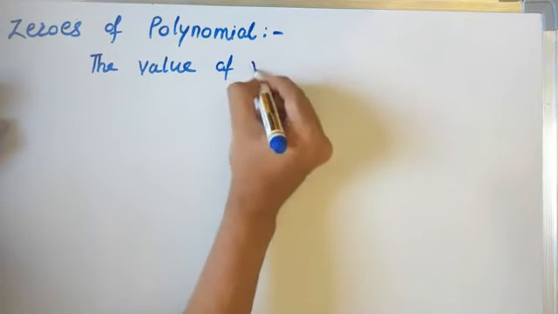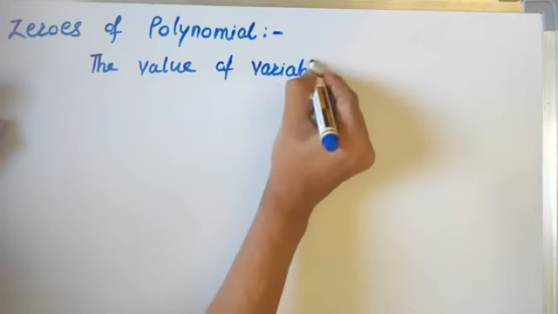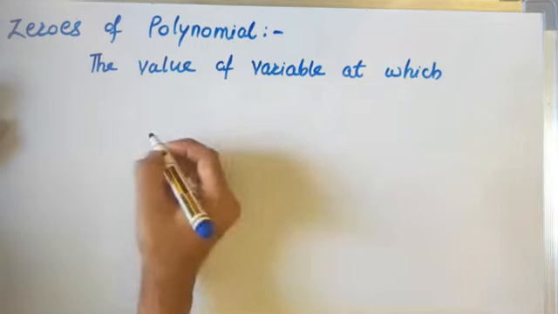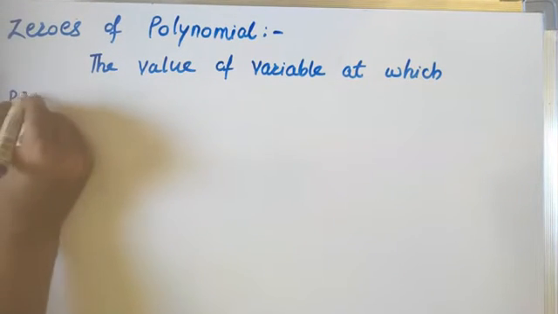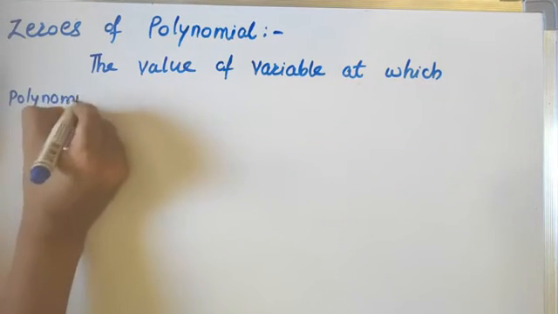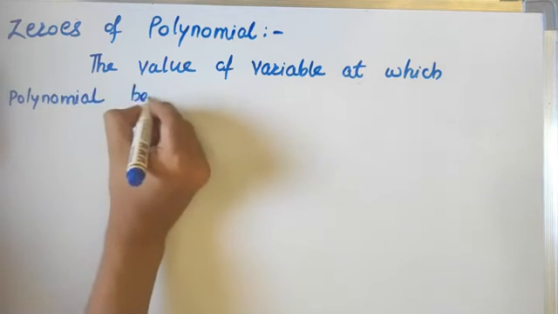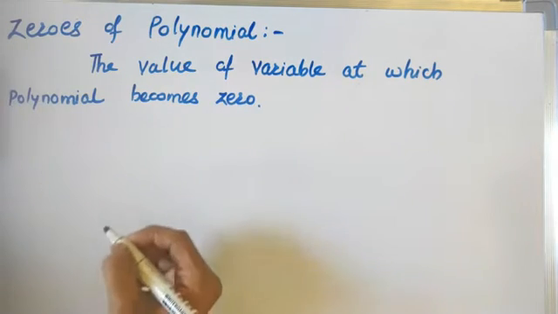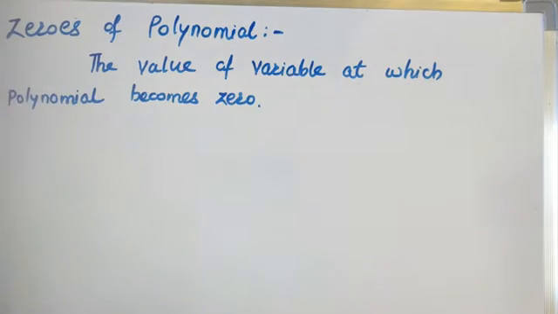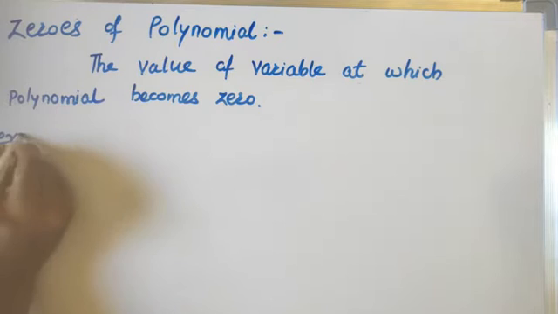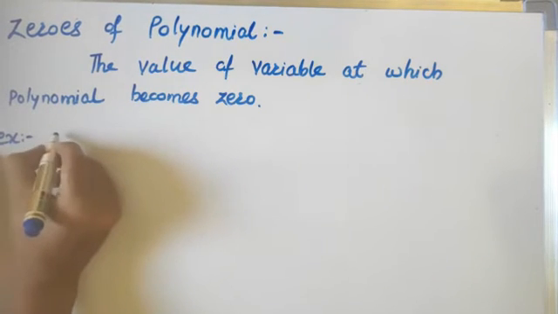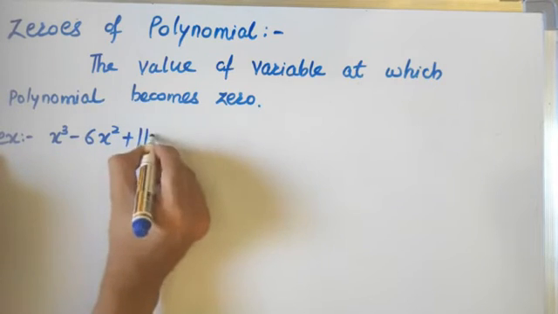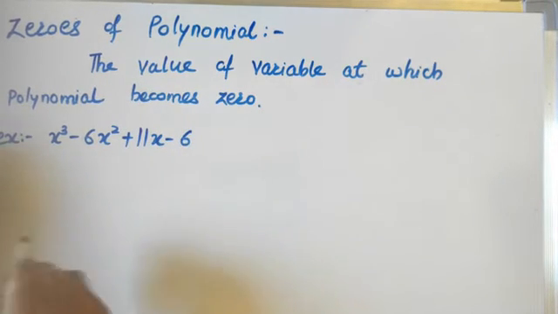The value of the variable at which the polynomial becomes 0 is known as zero of polynomial. Example: x cube minus 6x square plus 11x minus 6.